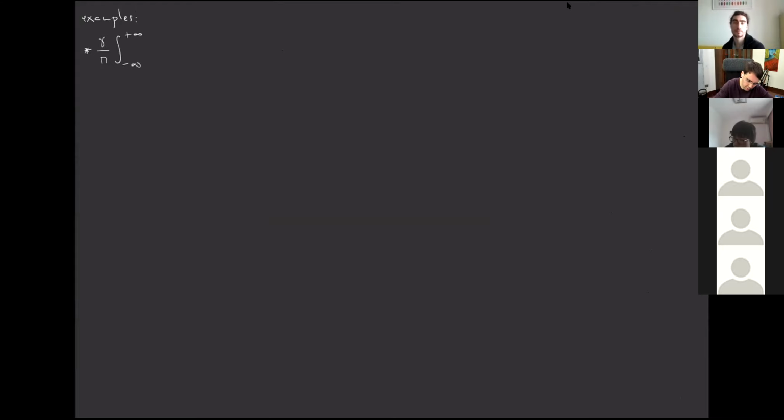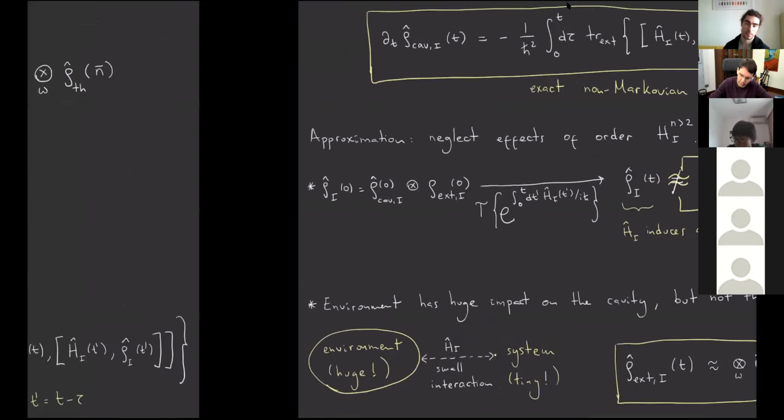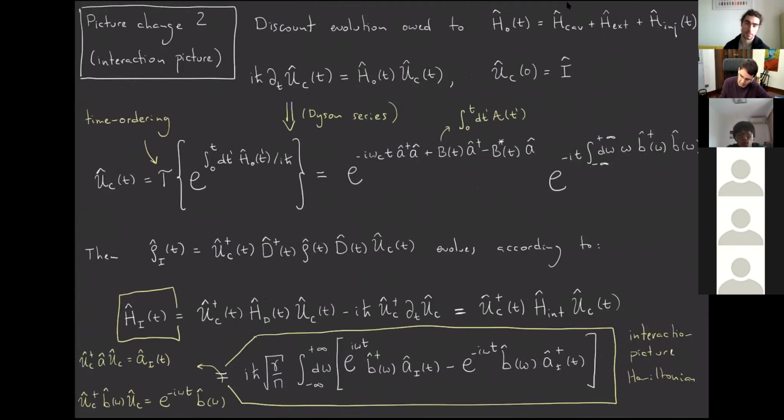And then we will have the integral over omega, the integral over omega prime. And then we will have the multiplication of the A operator with the A operator at t minus tau, and then with the cavity state at t minus tau. And then we will have, so I remind you, the Hamiltonian has these exponentials and then the b's.